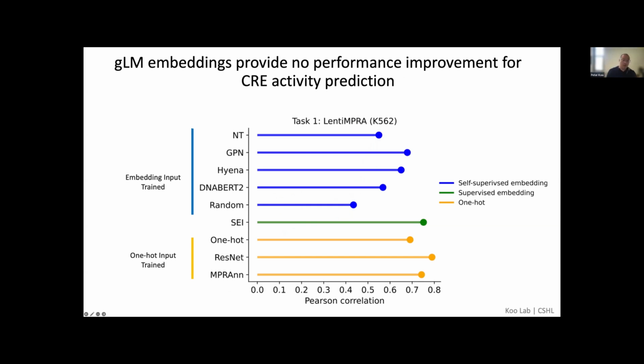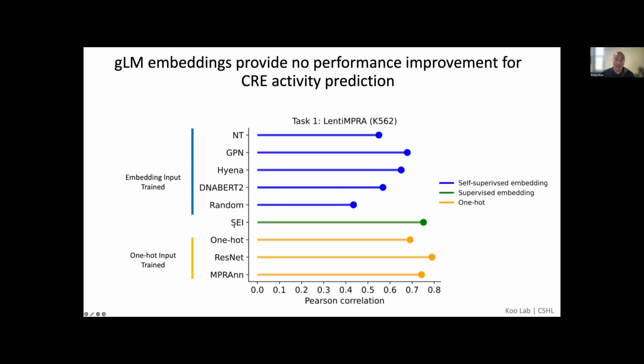Next, we compared how models using gLM embeddings performed against those trained with one-hot encoded sequences using the baseline CNN model. And as a control, we considered representations from a randomly initialized DNA BERT2 model, and that's denoted as random here. We also included SAY.